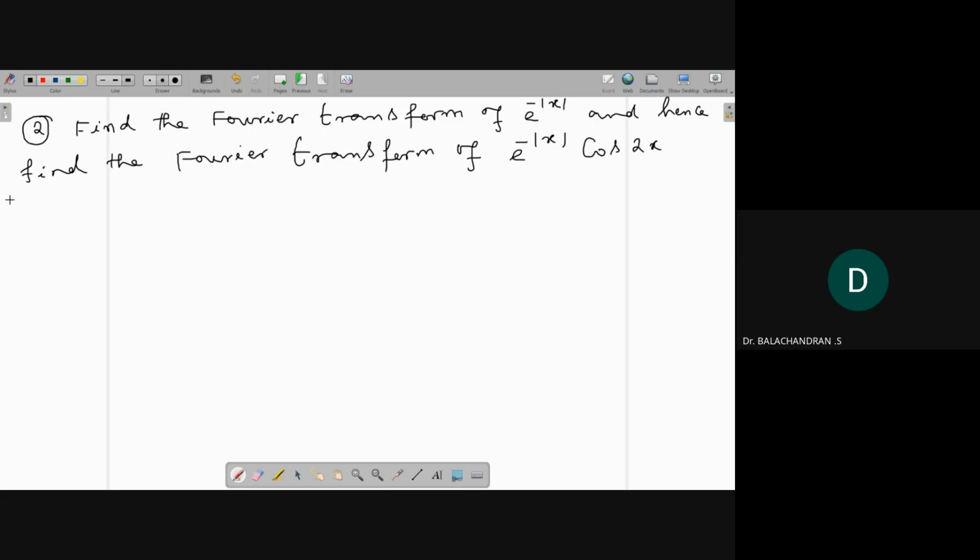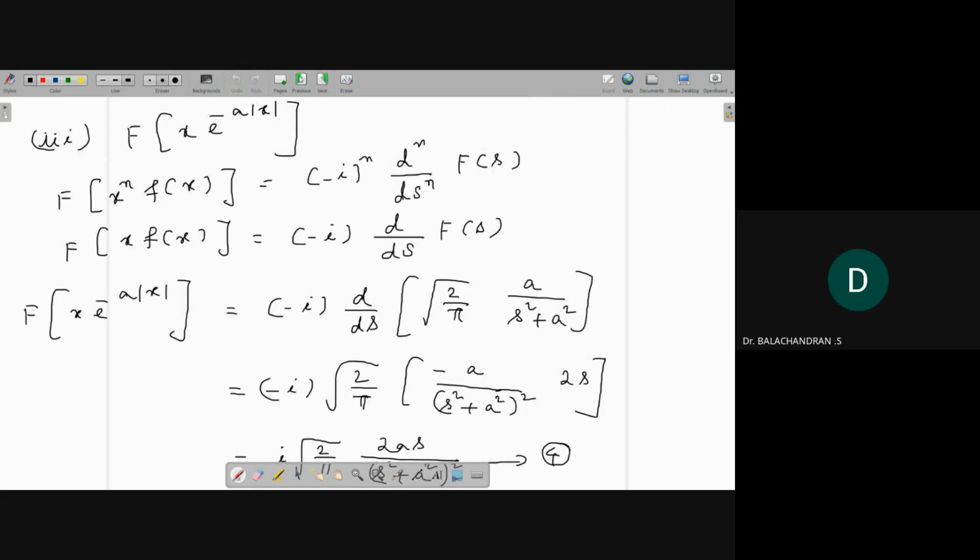So there are two parts again in the problem. We already know this from the previous problem, but in the examination you need to derive it. Here you can write the Fourier transform of e power minus mod x. In the examination, first you should write e power minus a mod x, which is equal to root 2 by pi a by s square plus a square.